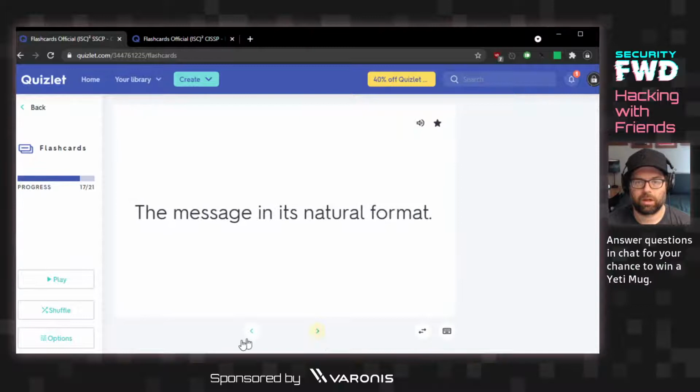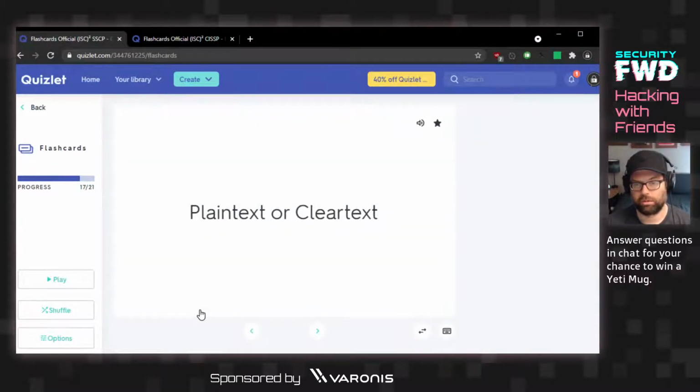All right. The message in its natural format. Natural format, I would say plain text, or clear text. One tricky thing that's caught us before studying for this is that in cryptographic systems, plain text refers to anything that's unencrypted.